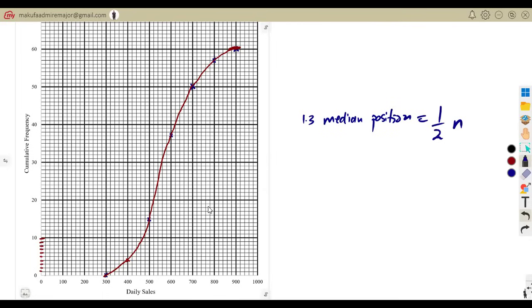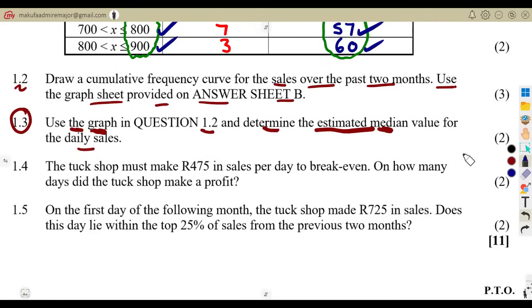Remember, this is grouped data, grouped information. When working with grouped information, there is no need of us using half of n plus 1. Half of the distribution, halfway going up. Half of what? The total value there, which is 60. Or you can use the information that you had before.